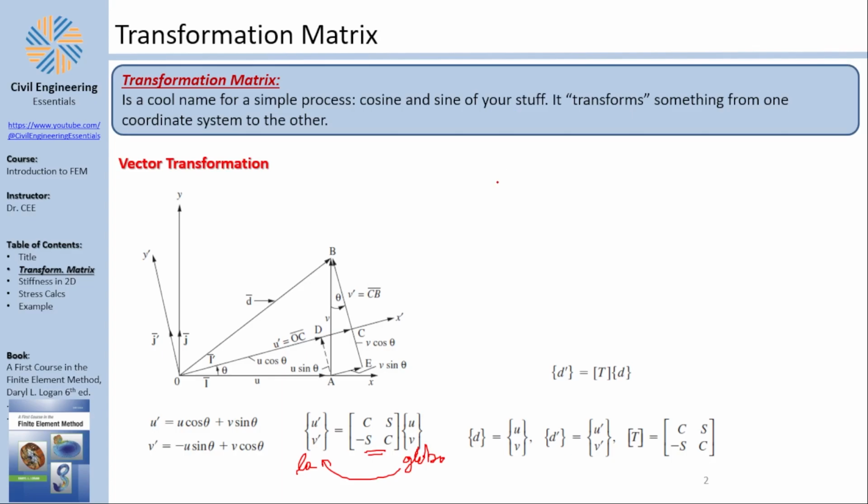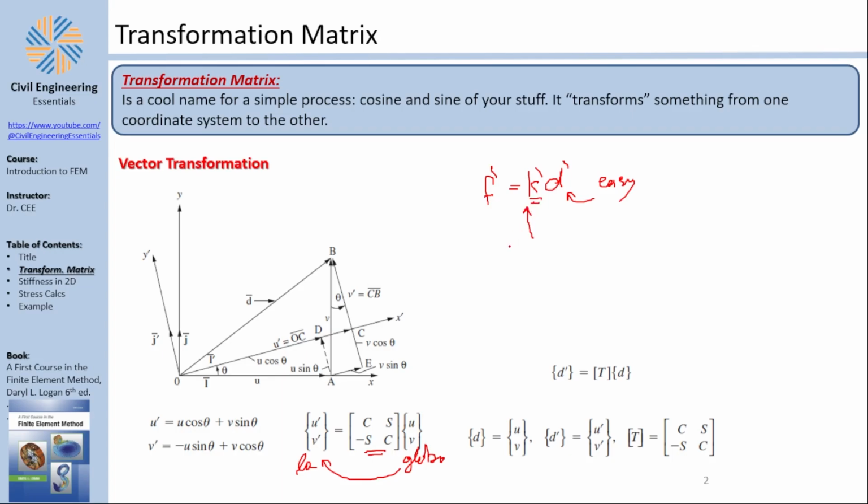Because in the finite element method, we always have easy access to forces local equals local stiffness matrix multiplied by movements or deformations local. This is easy. We always have access to it because it's called the finite element method with special emphasis on the element, meaning that the stiffness matrix is always derived with respect to the local axes of the element.